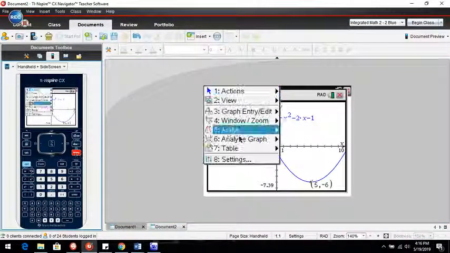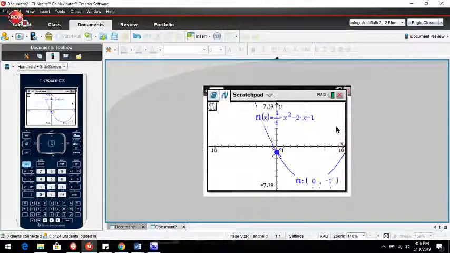I'm going to do trace, menu, trace, graph trace. And it popped up right on my x-intercept. If it didn't, I could type in any point and it will give me the y. I wouldn't want to use that because I'm not really sure if Khan's going to be able to graph something like 1.2, but something like 0, 1, 0, -1, that's perfect.